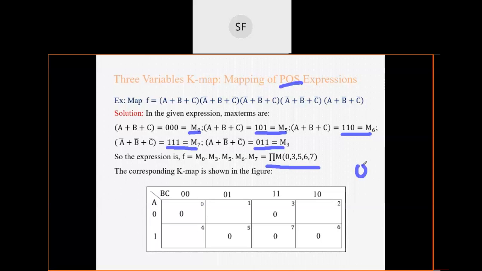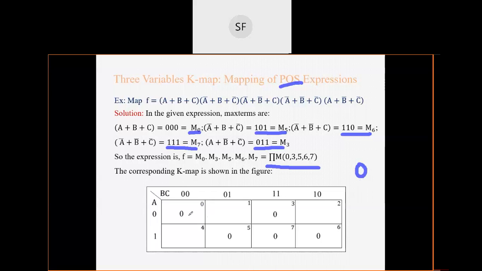So after this much, you now have to map this function on this Karnaugh map. How will you map that? You have to simply put zeros. Okay, since it is POS form, you have to put zeros here. If this was SOP, an SOP expression, then you would have to put 1, right? But since we are discussing product of sum, you have to put 0.